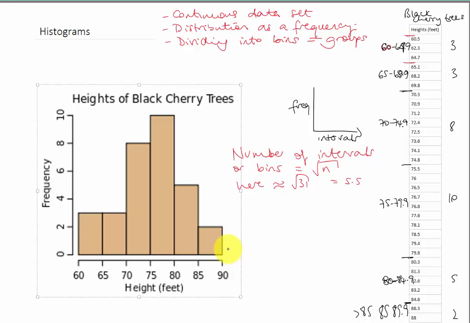Now we could have plotted all of these as individual points on a graph, but this is sometimes more informative if we're looking at the general distribution of our measurements. And here it's important to note that there's no gap between the different bars.